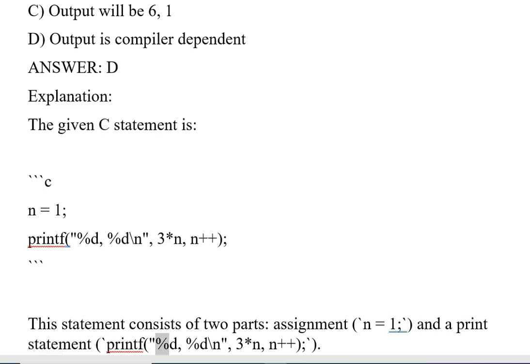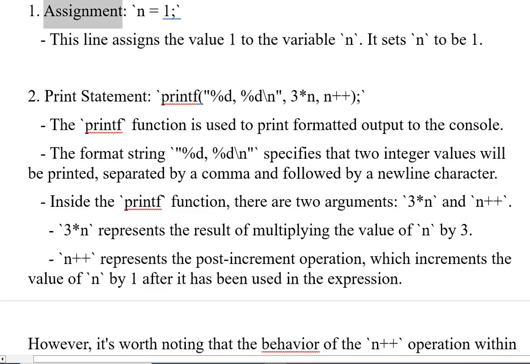One, assignment, n = 1. This line assigns the value 1 to the variable n. It sets n to be 1. Two, print statement, printf("%d, %d\n", 3*n, n++).